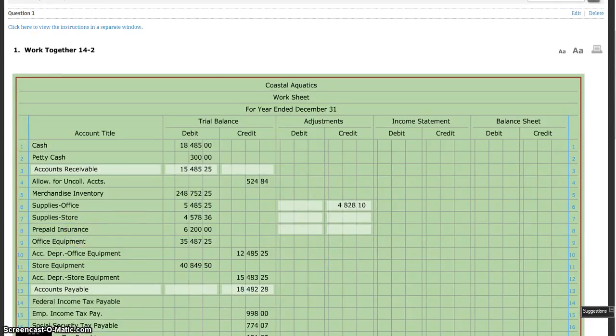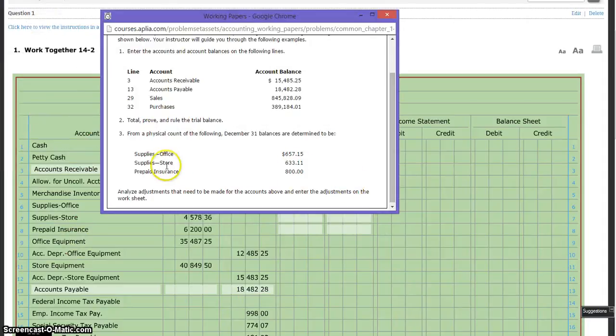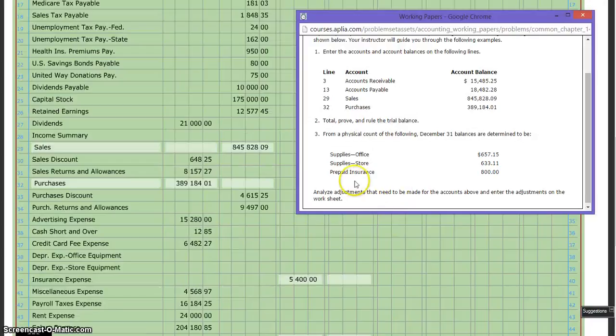Do the same thing. When you look at the instructions and the amounts, make sure that you subtract the beginning balance in the trial balance, subtract the amount that's left on hand, and then check your amounts with mine. So let's check our numbers. Supplies-store, we had a physical count and we found we had remaining $633.11.